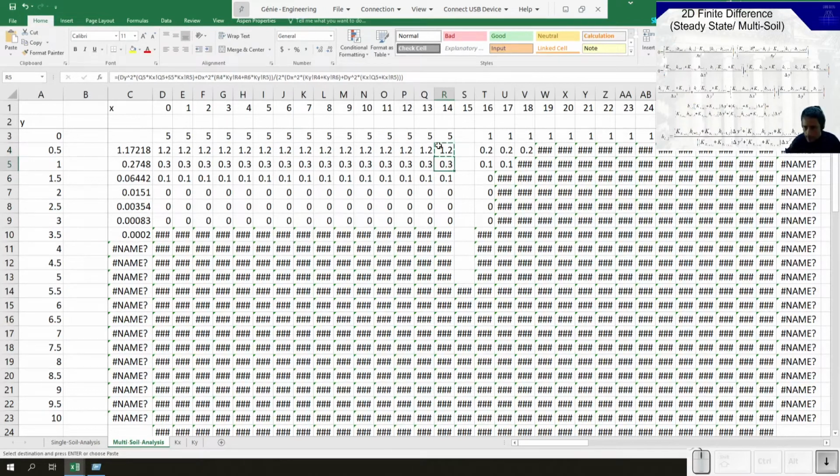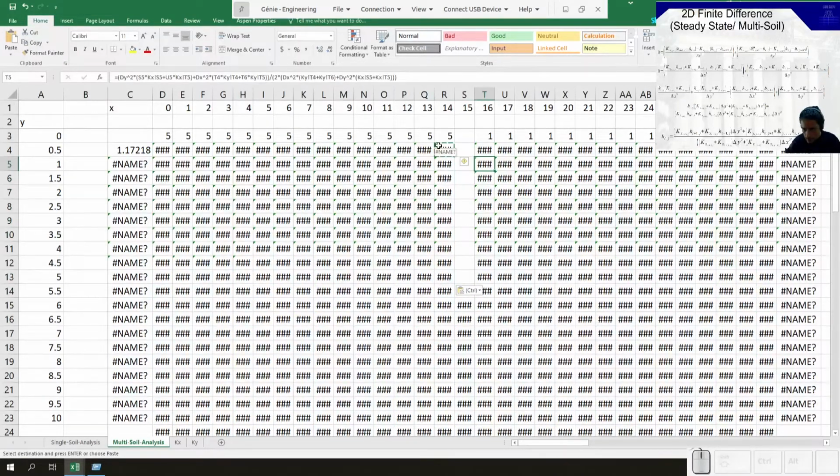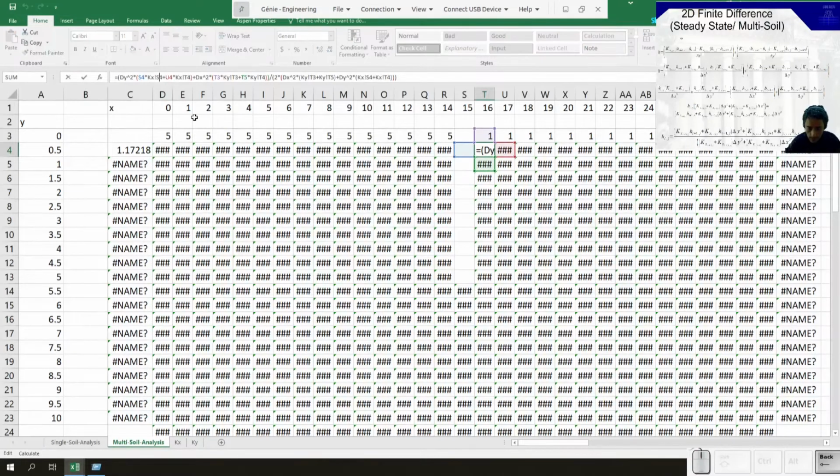And we must copy that to the bottom here. Here we do the opposite. So s becomes t, and the same thing for the other s, which becomes u, and this becomes t.